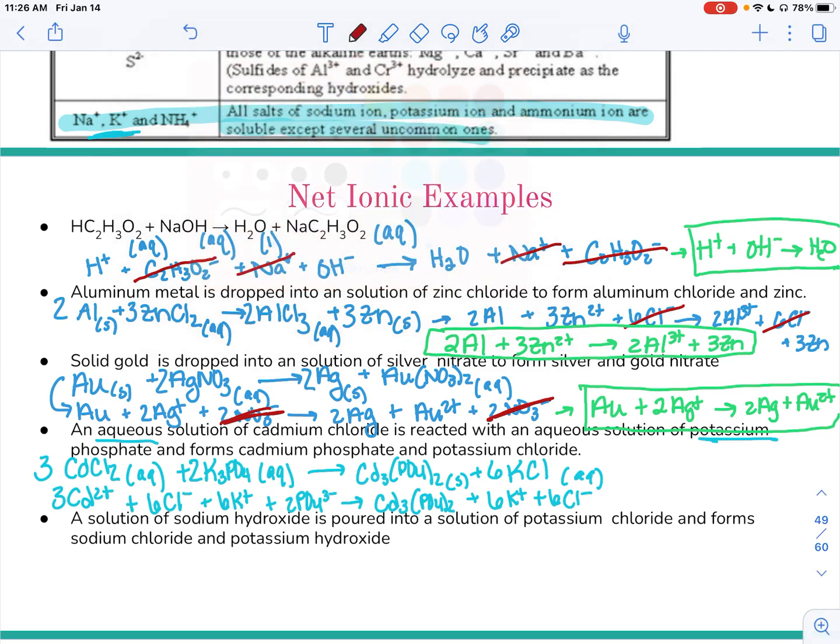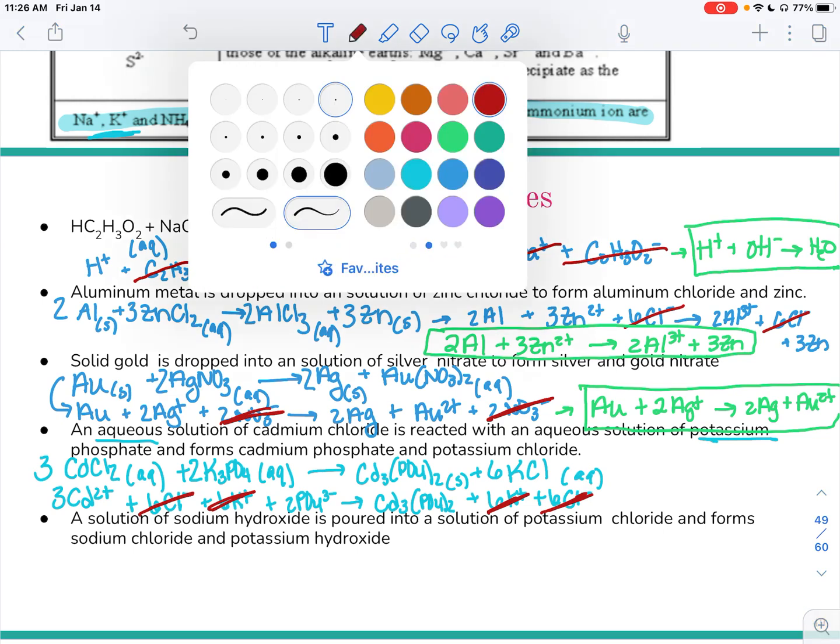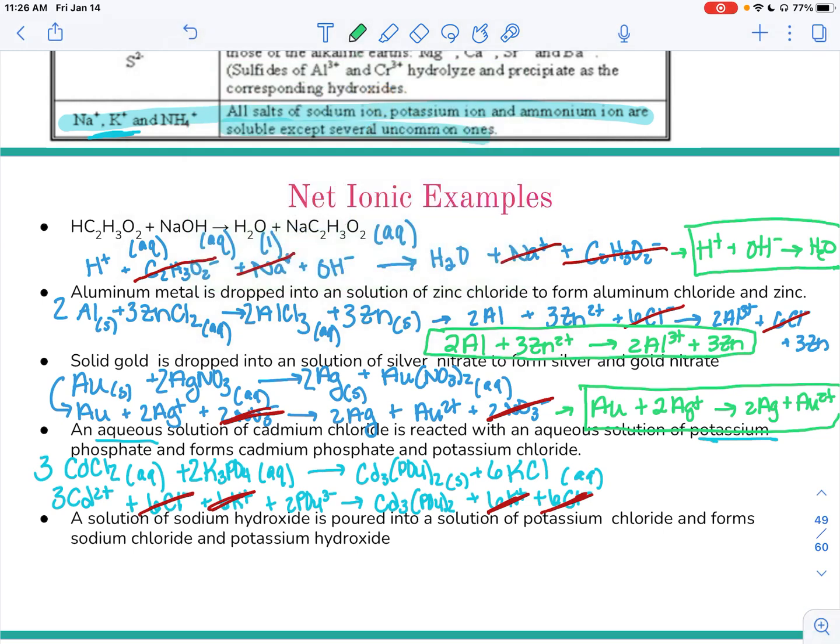We can then cross out anything that shows up on both sides. So we have 6Cl minus on both sides, and we have 6K plus on both sides. We rewrite that.